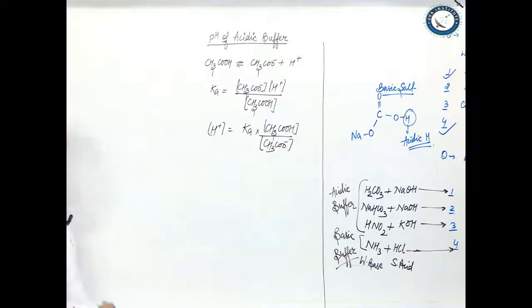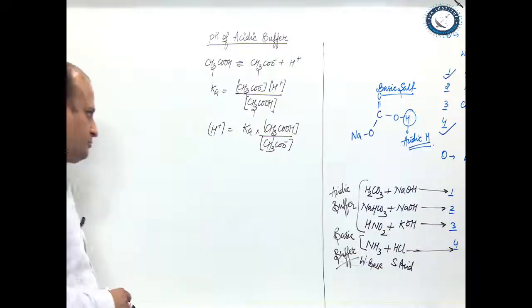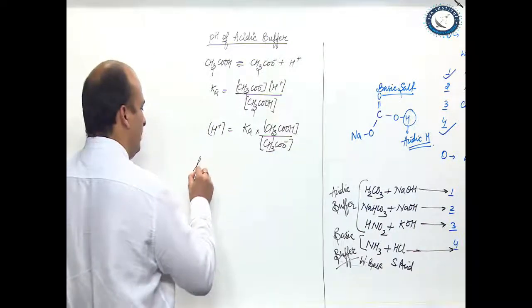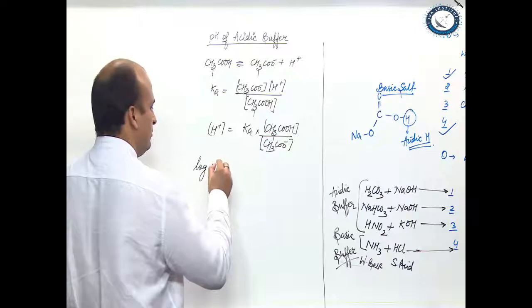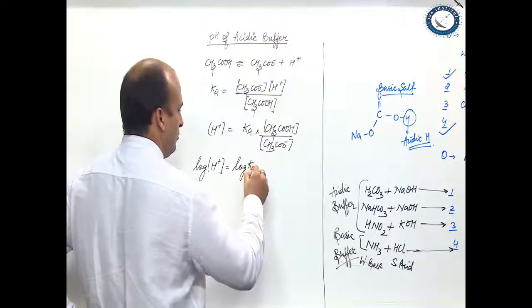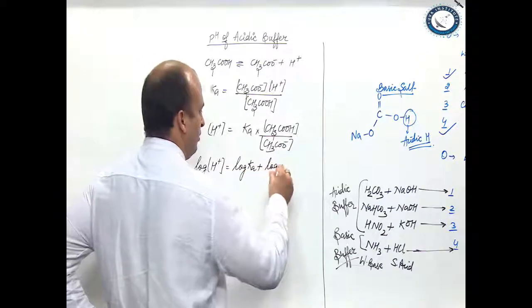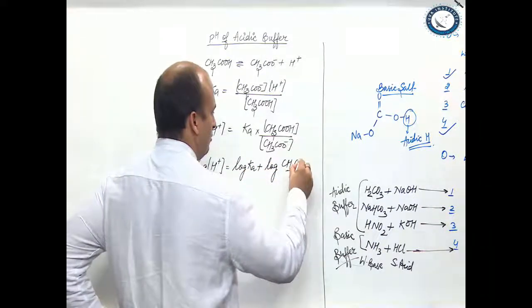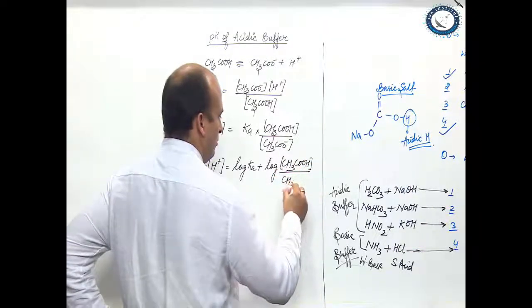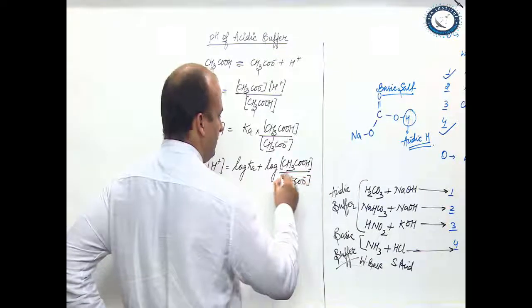So if I take a log on both the sides, I'll get log of H plus, log of Ka plus log of acetic acid upon acetate ion.